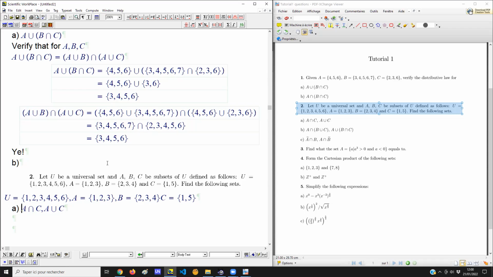So A intersection C equals A intersection 1, 5. And so it's just one line. So 1 is a common element, 2 is not there, and 3 is not there. So there's only 1.